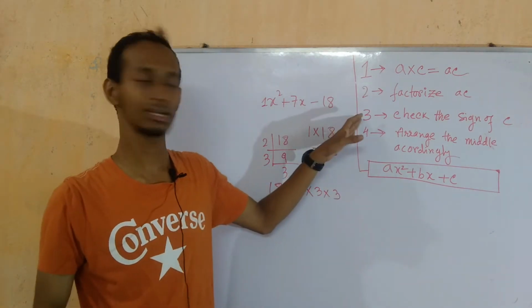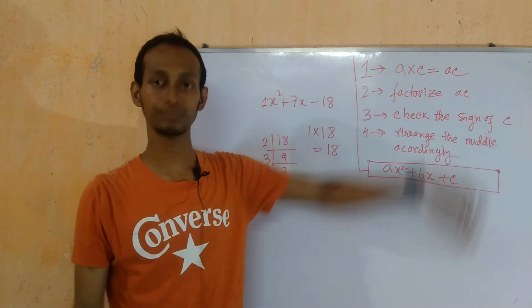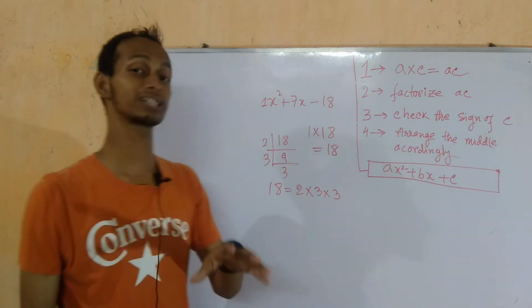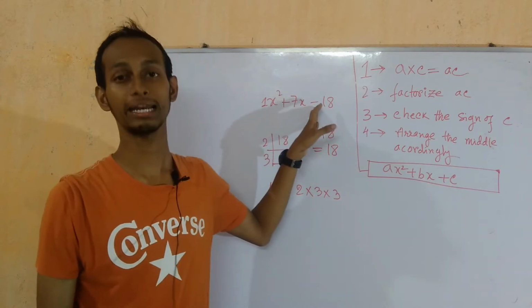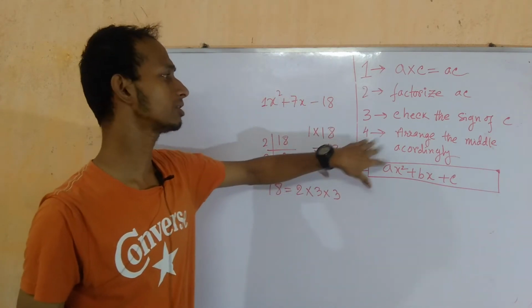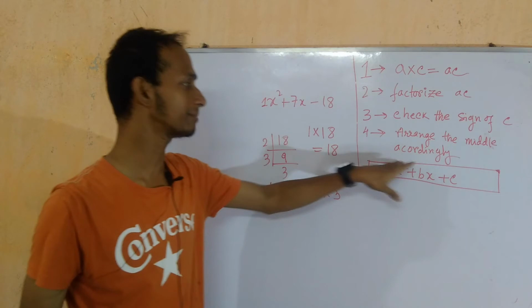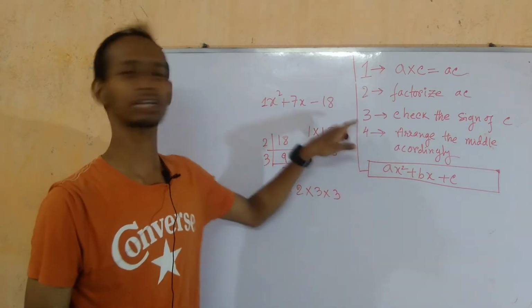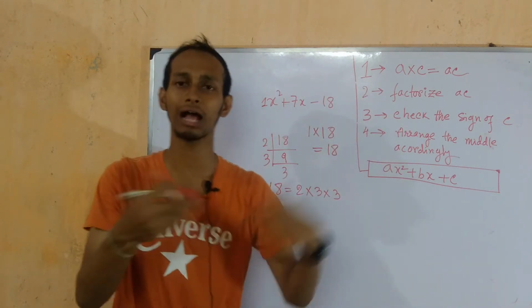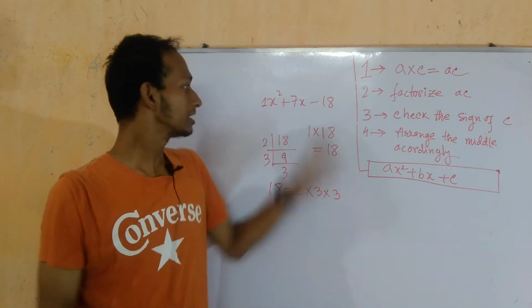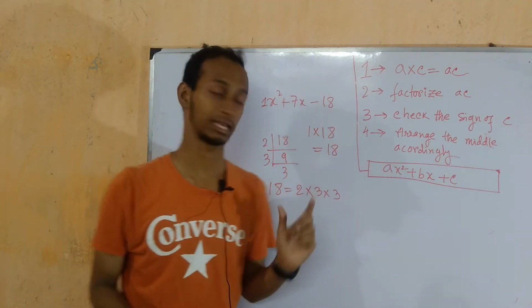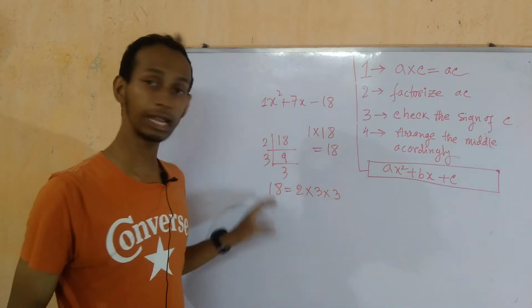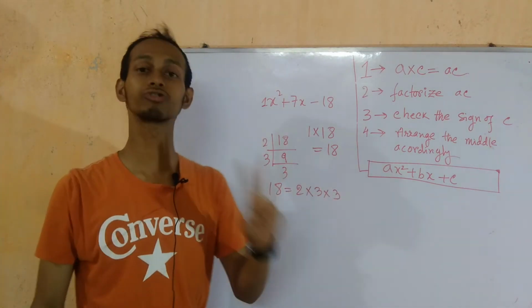Then the third step: check the sign of c. So here you check the sign of c. c is 18, what is the sign? Minus. Then step 4: arrange the middle term accordingly. Now see, I'll explain that. Here the c term, the constant term, contains a minus sign, and we have factorized 18 into 2, 3, and 3.